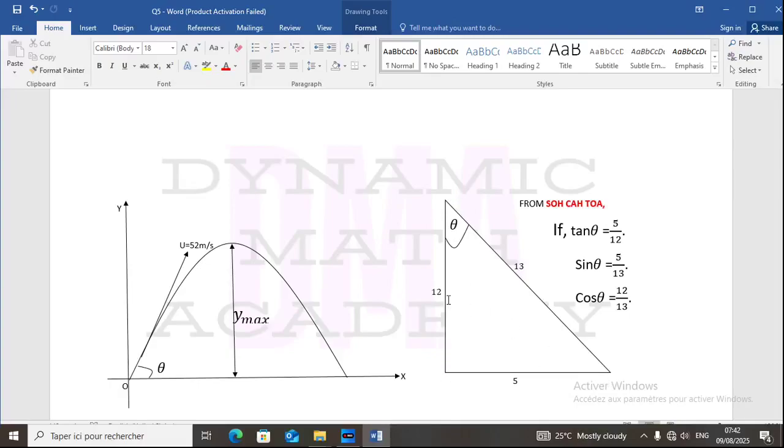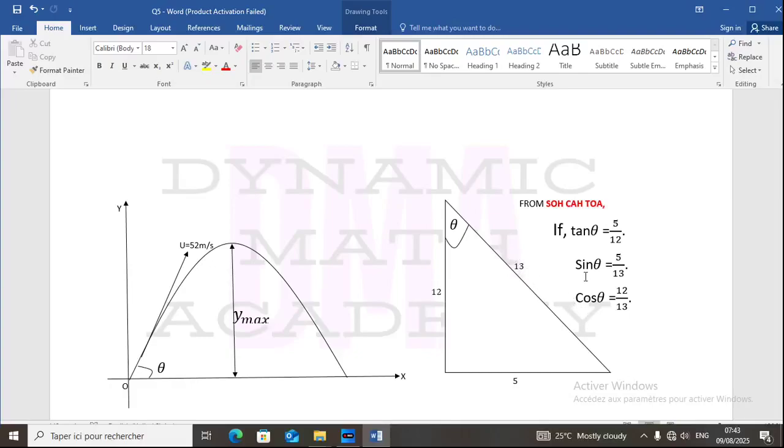If we let our hypotenuse be h, then h squared is equal to 12 squared plus 5 squared, which is 169. For you to have h, you just take the square root and you have 13. So feel free to do this. Actually, this was not that necessary, but I just said let me do it. That's why I did not include the calculation there, but I know you can do it.